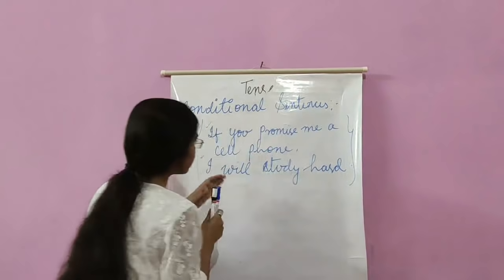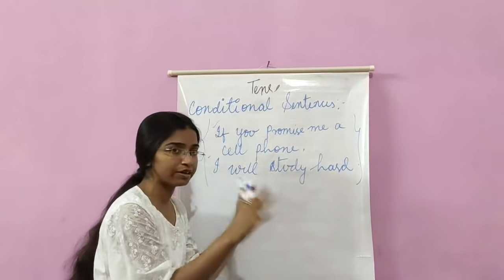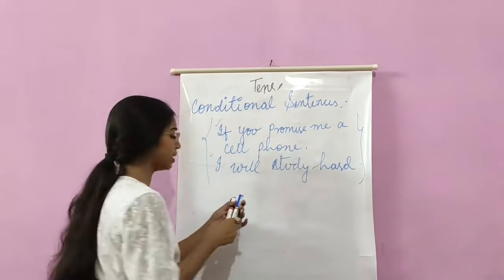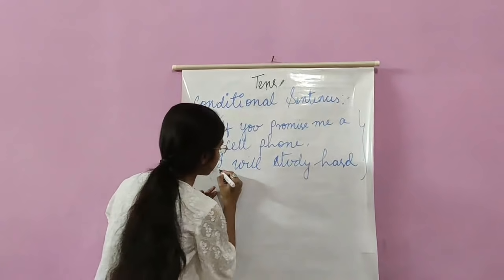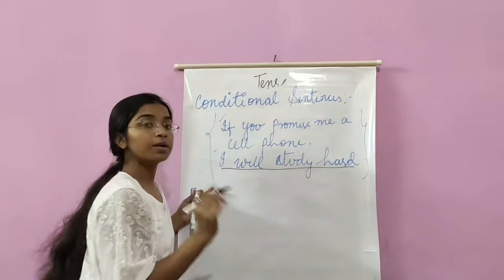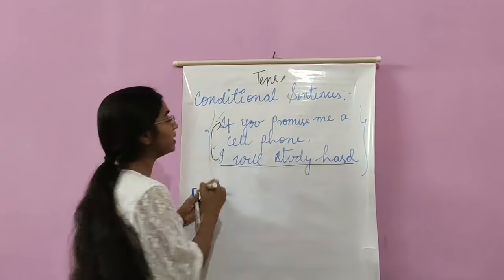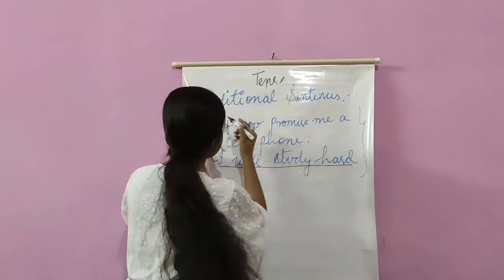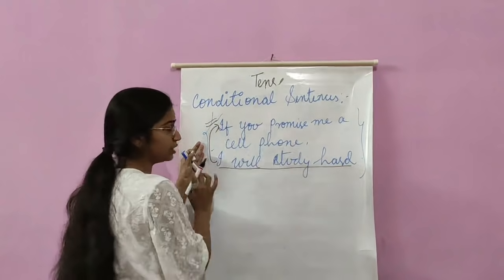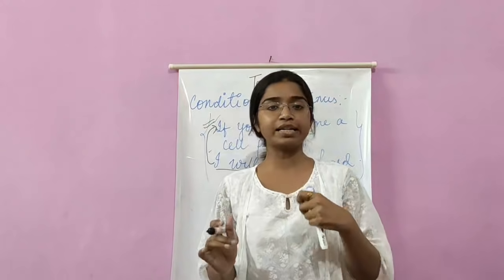So when you say, if you promise me a cell phone, I will study hard, this is what you are saying to your parents, for the time being. Let us take it as an example. Now, this is the thing that you are supposed to do: I will study hard. But you are going to do it only when this condition gets fulfilled. So since this sentence has got a condition, these types of sentences are called conditional sentences.